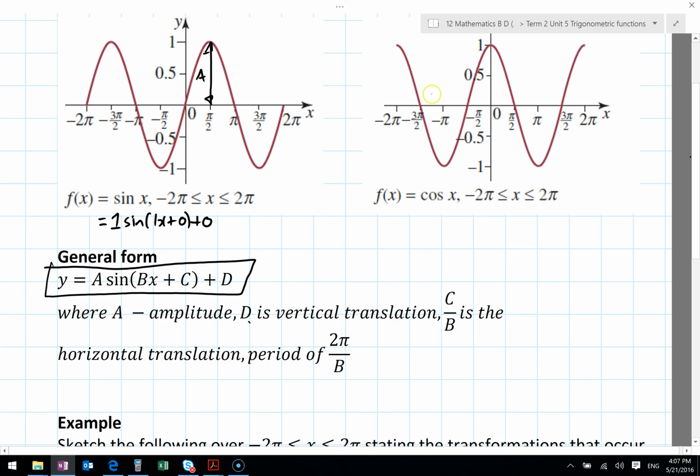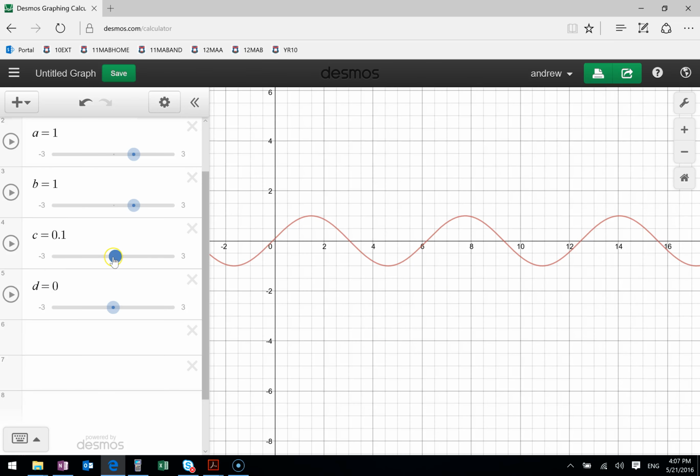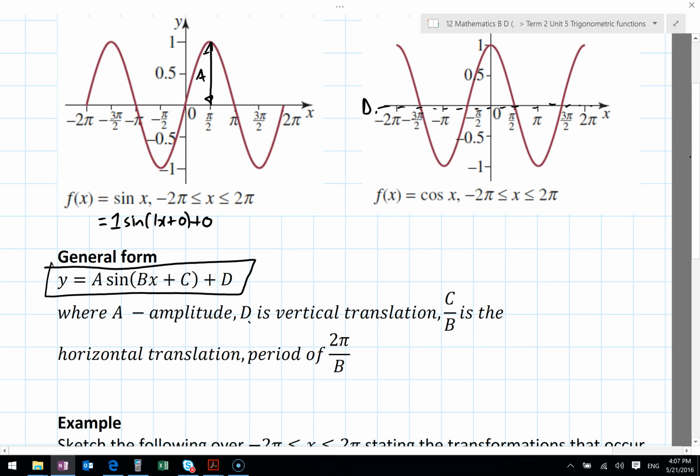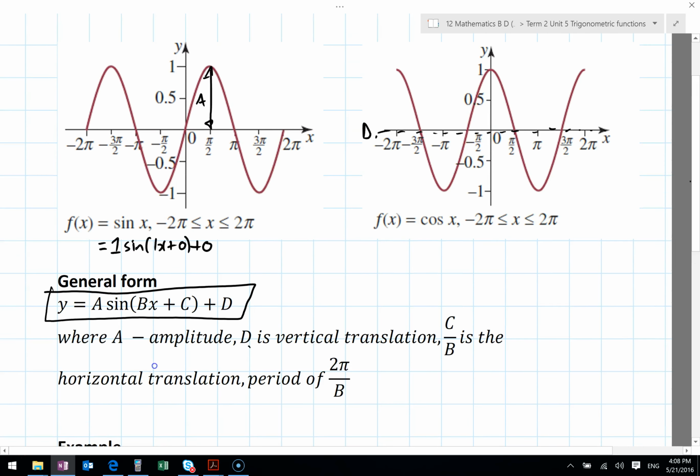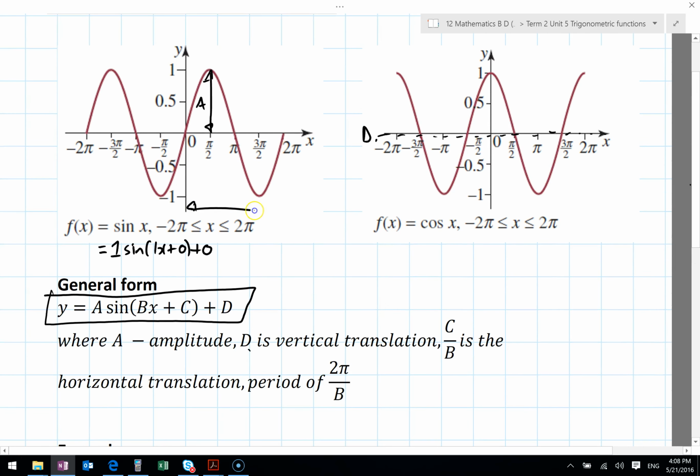D is the vertical translation, so whatever this average value is, that's D. And then we've got horizontal translation of C divided by B, a combination of what the period is and what the translation is. And our period is 2 pi on B.